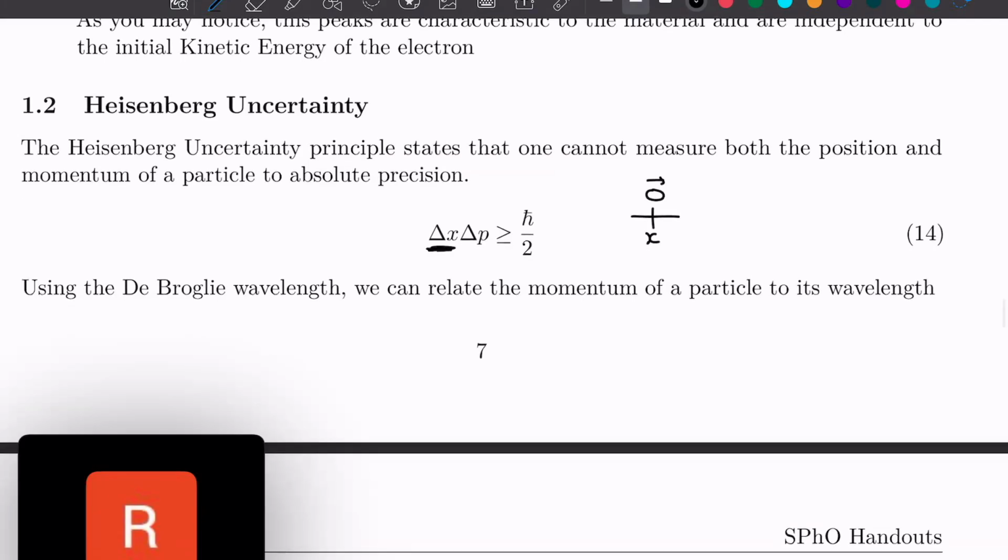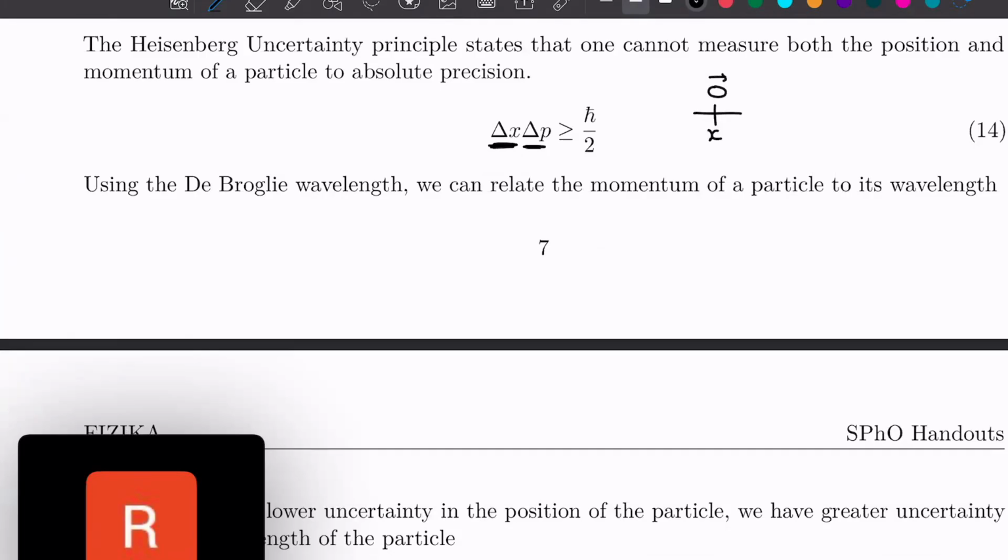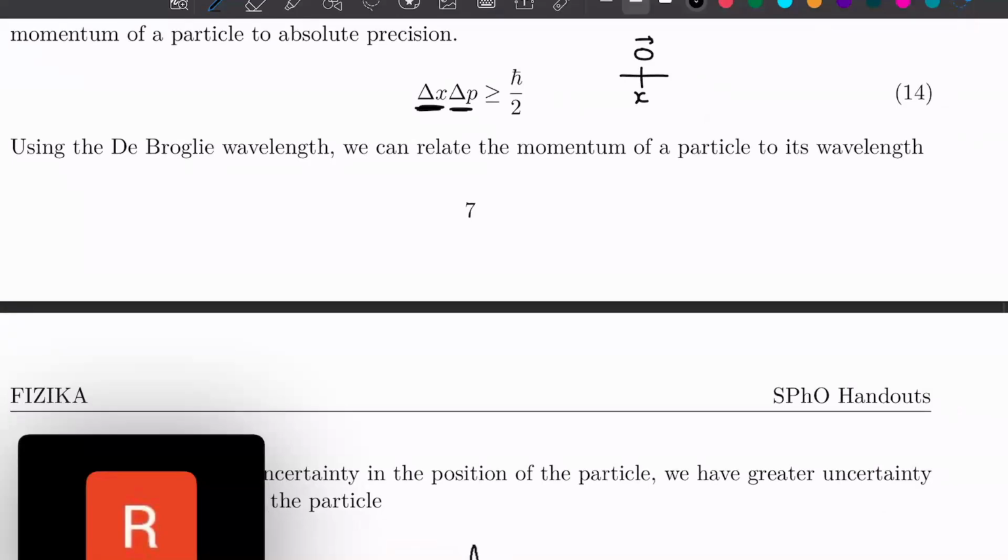So delta X and delta P over here are the uncertainties in the measurements. If you have some uncertainty in X, you fix the minimum uncertainty you have in P. So let's say we have a delta X, right?